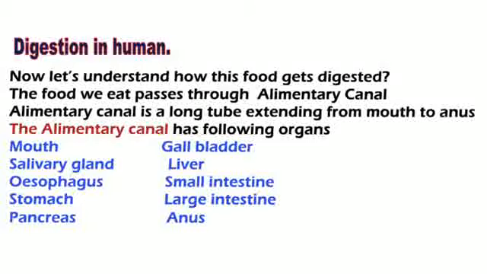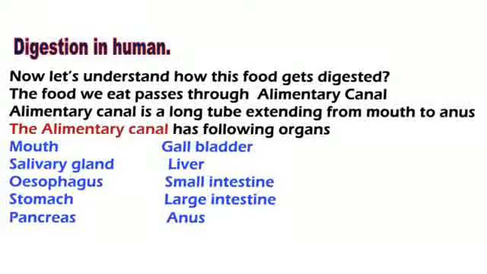Then next is the stomach, then gallbladder, pancreas, liver. Then the small intestine, then the large intestine, and the anus. So all these organs are involved in the digestion of food.